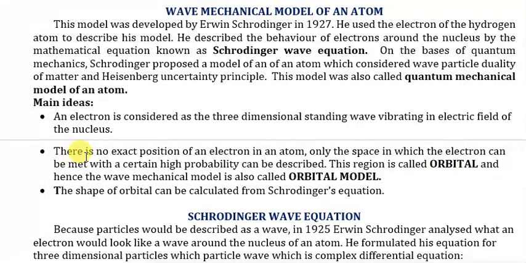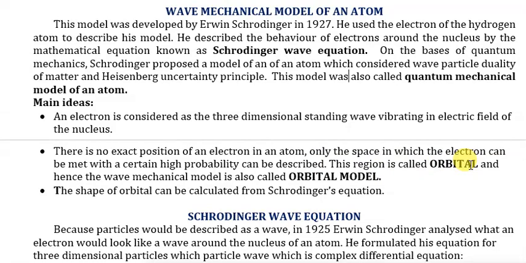And the second idea, there is no exact position of an electron in an atom, as Heisenberg tried to suggest about the position of an electron. Again, Schrödinger says there is no exact position of an electron in an atom. Only the space in which the electron can be found with a high probability can be considered, and Schrödinger called this region an orbital.